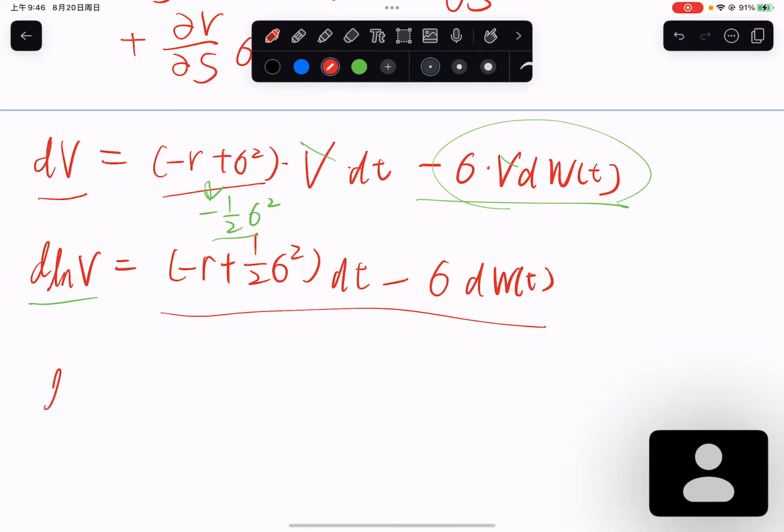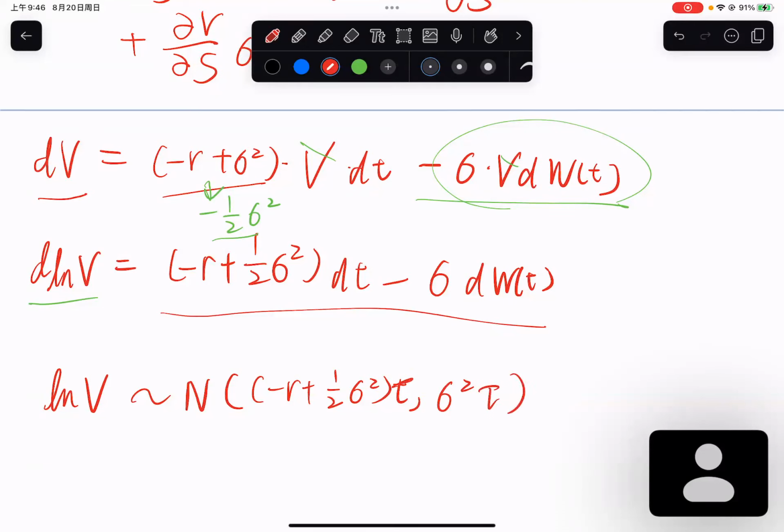We can have log V actually is going to follow a normal distribution. Right? And what is the distribution? It is going to have mean negative r plus 1 over 2 sigma squared t, and variance sigma squared tau. Okay, let's write it as tau, which is just capital T minus t.